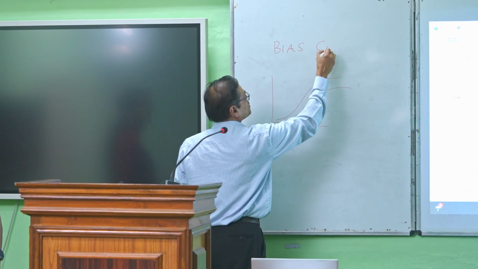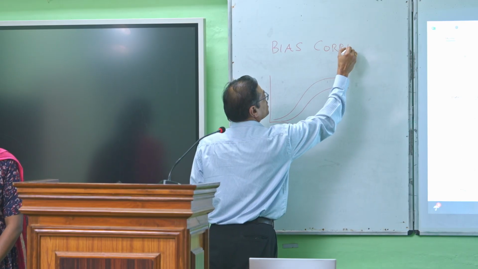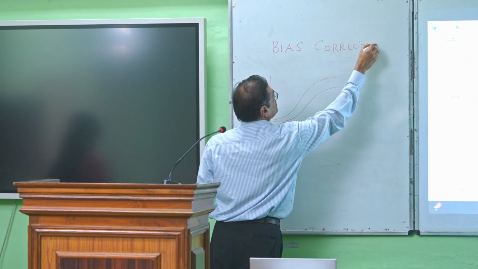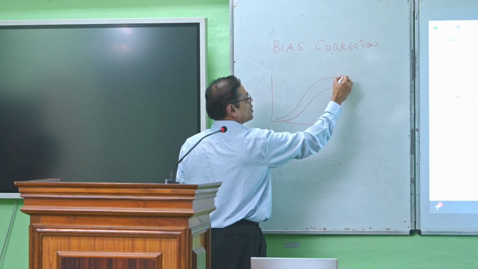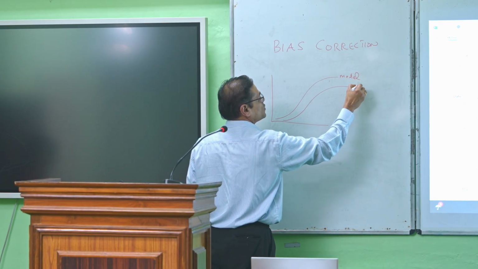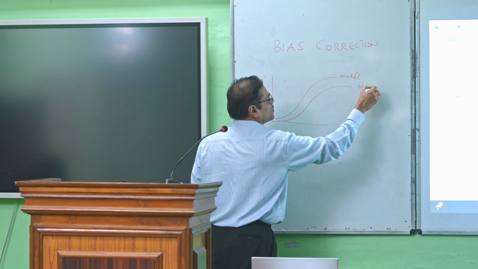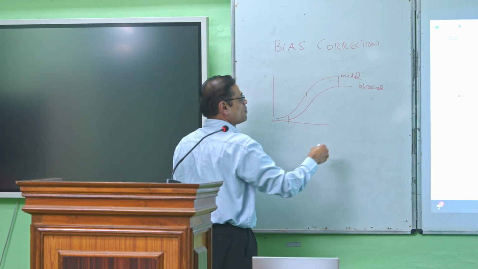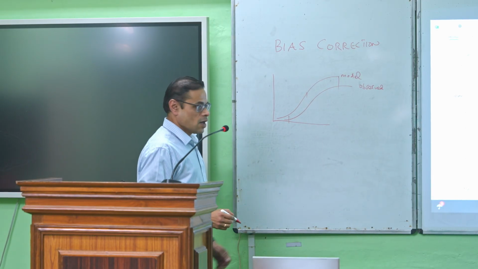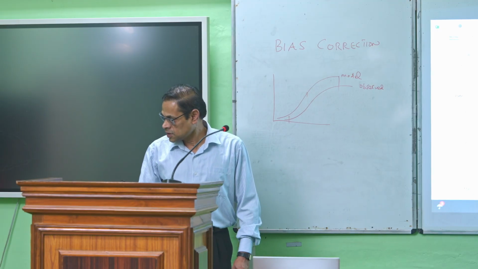So I'm actually just giving you basic information again, right? So we are talking about bias correction here. One is model, the other one is observed. Okay. So you can talk about quantile mapping. That's what she was presenting about.